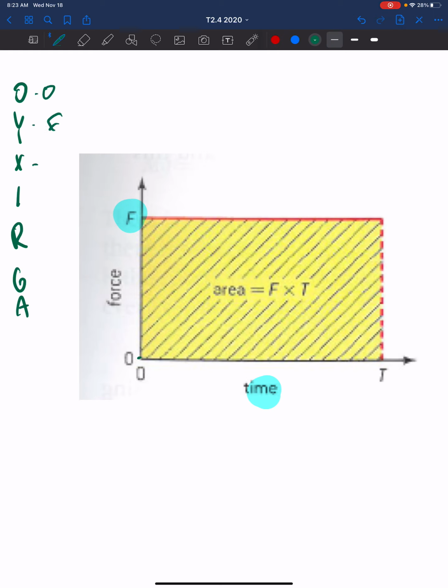Y-axis is force, x-axis is time. And the intercepts, we have a y-intercept, which is F0 equals some positive number. The x-intercept, there is none. And of course, we read force, time, the rate of change in force, delta F over delta T. And the area is F delta T, which is the impulse.